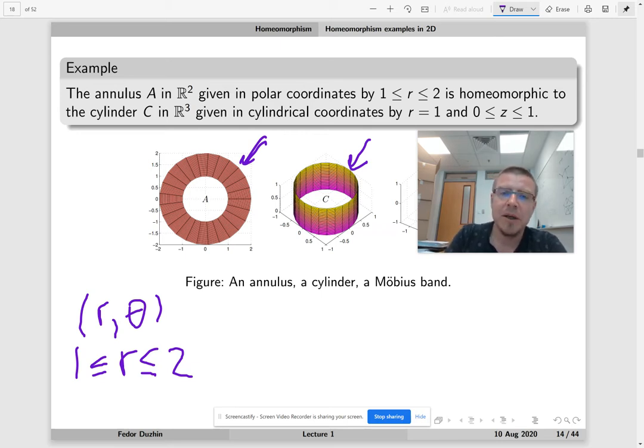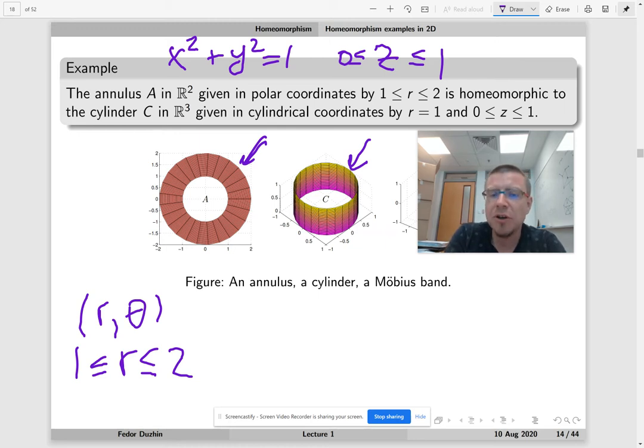So cylinder, if we have to do it in Cartesian coordinates, then the cylinder is given by the equation x squared plus y squared is 1, and z is between 0 and 1. So this is a cylinder, right?